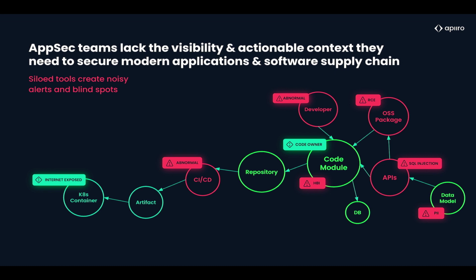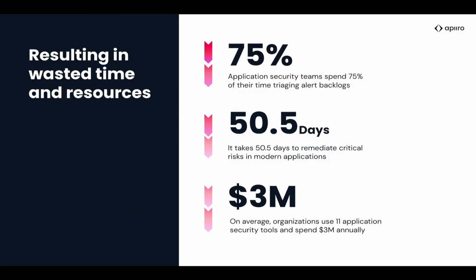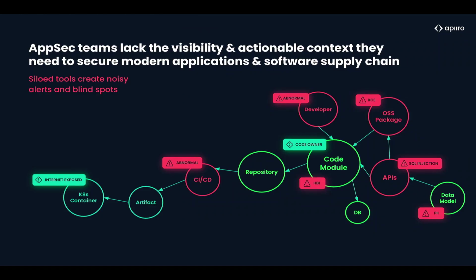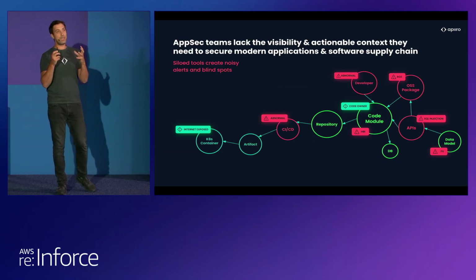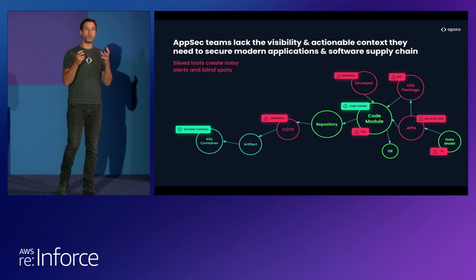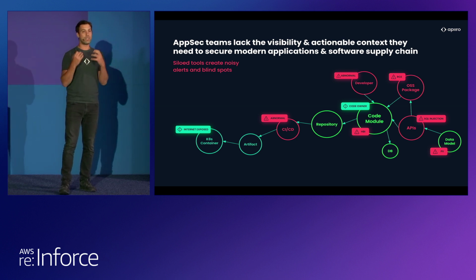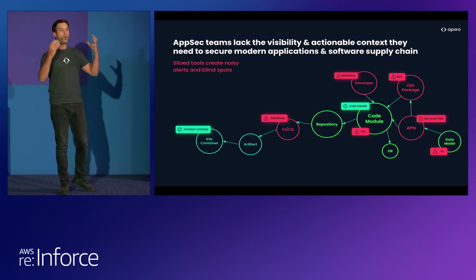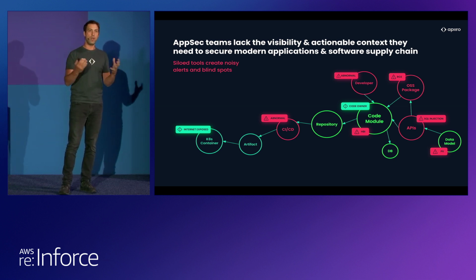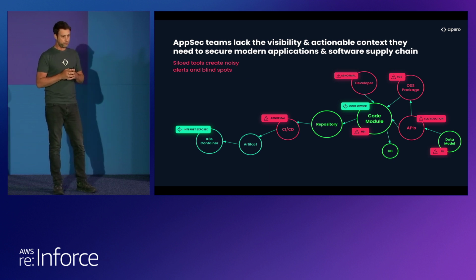And then this code module is actually part of a code repository that is being built and delivered to the cloud through the malicious CI/CD pipeline or through other mechanisms. And this is the actual context that we are generating in Apiiro. This is the core differentiator that allows us to make sense from all the cacophony of contextless alerts that you have from all the other tools.